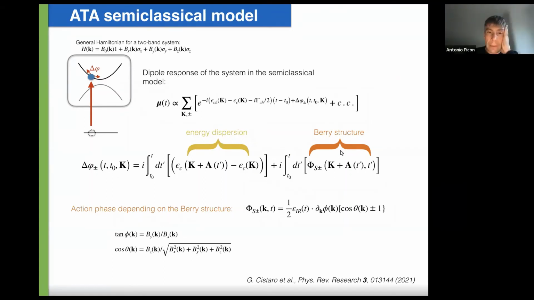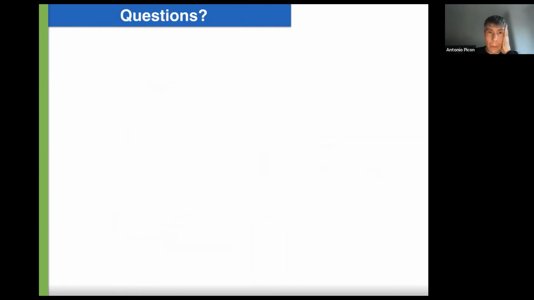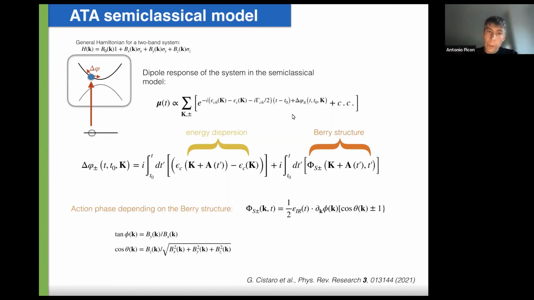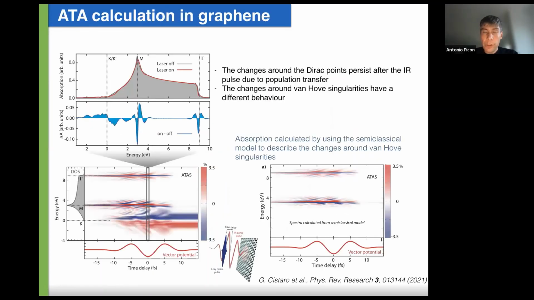Okay, that's a very good question. And then it comes back a little bit to what I wanted to show here. To calculate this phase, what we did is to plug in this phase, and this is just a semi-classical model. Then we calculate the absorption with the semi-classical model, and when we compare it with the numerics, we see that it compares very well.